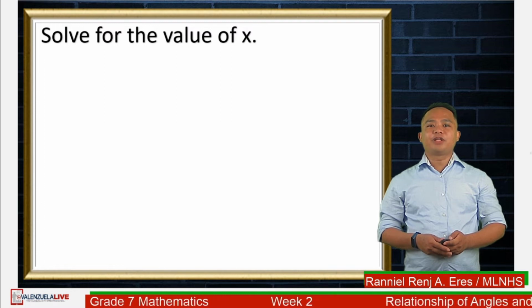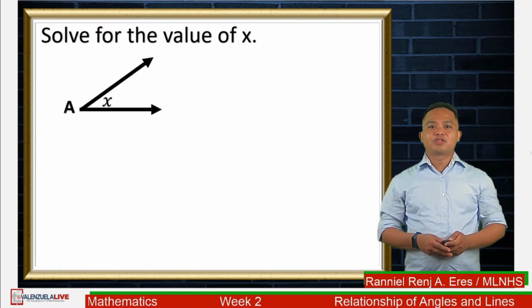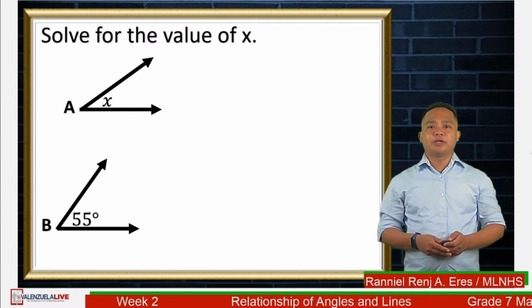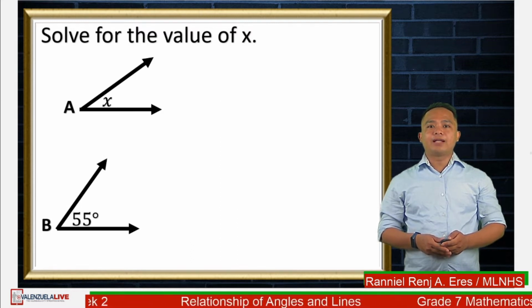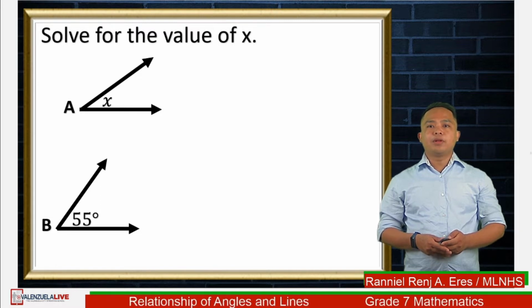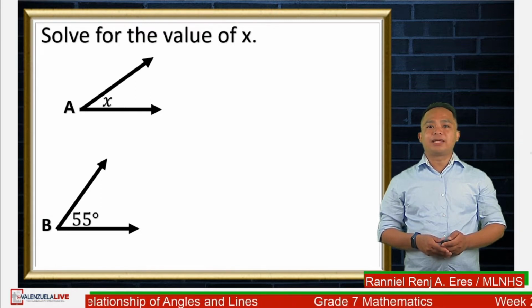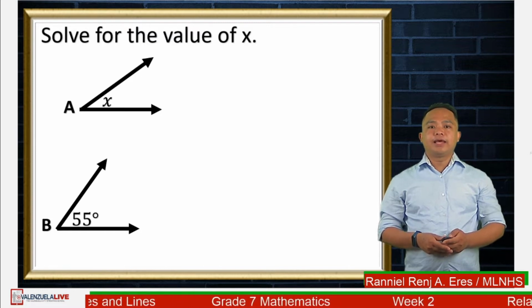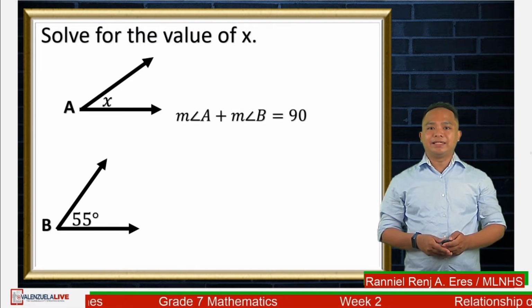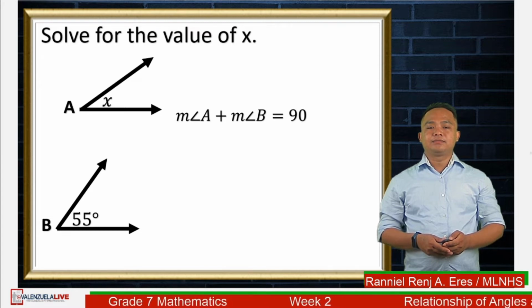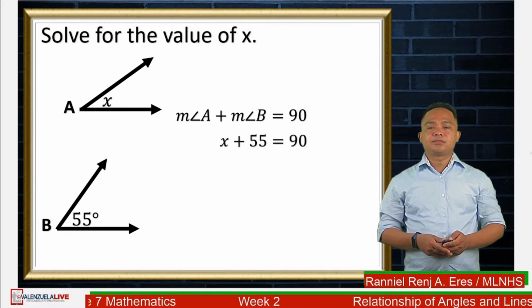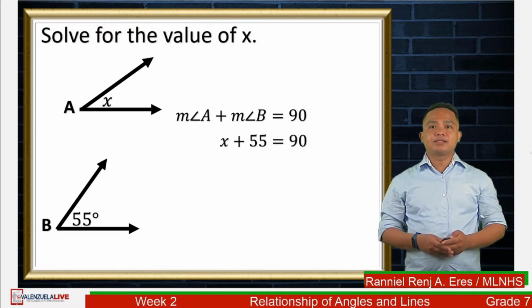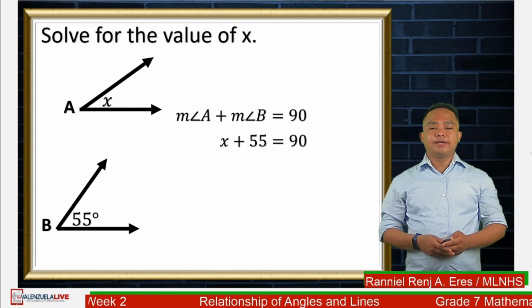So solve for the value of x. Observe the given angles. Angle B is equal to 55 degrees, but our angle A is unknown. So we will let x be the value of our missing angle. So assuming that the two angles are complementary, then the sum must be equal to 90. So the measurement of angle A is x, and the measurement of angle B is 55.